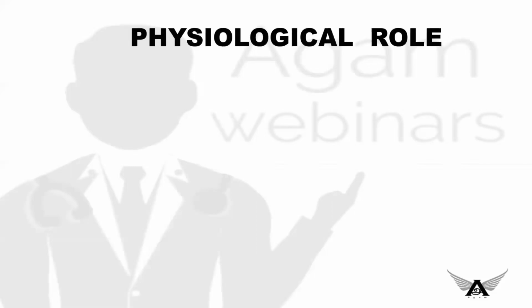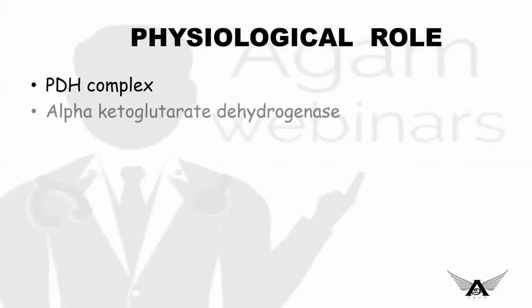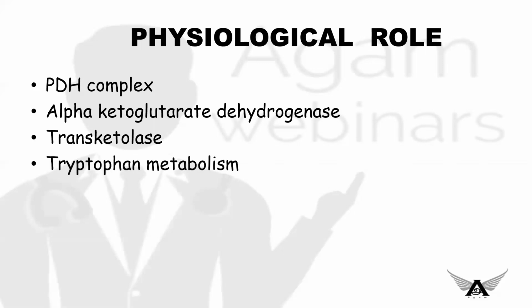As a whole, B complex vitamins act as coenzymes for many enzymes. So TPP or thiamine acts as a coenzyme for the PDH complex, alpha ketoglutarate dehydrogenase, transketolase, and it also plays a major role in tryptophan metabolism, and also it helps in nerve conduction. Okay. Now we'll see one by one in detail.